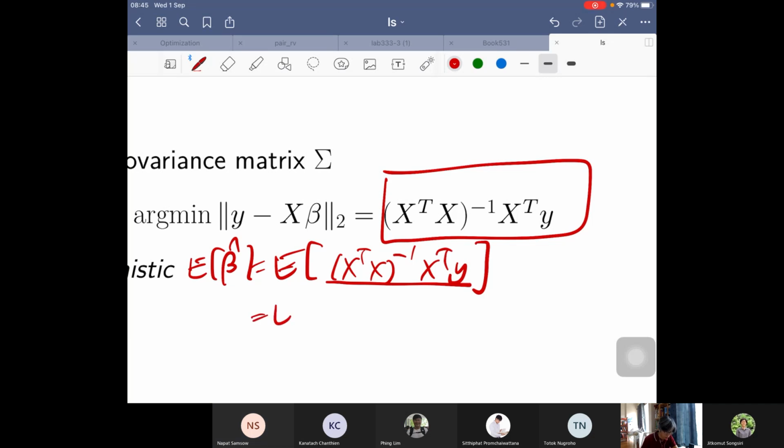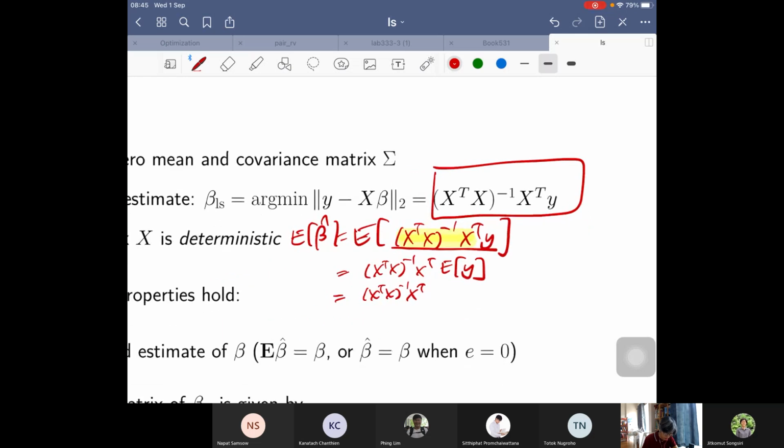Now, with the assumption that your X is deterministic, we can get X out of the expectation. Yes, okay, because it's deterministic, you can just put it outside, right? And then what is EY? EY is going to be what?